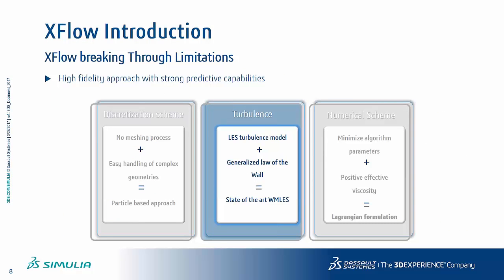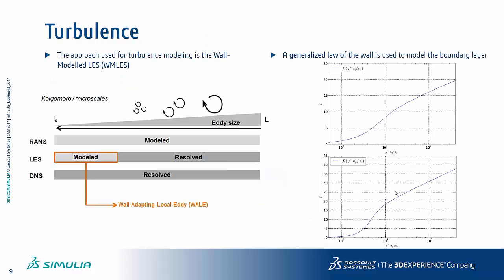On the other side, the turbulence, which is in this case LES with a law of the wall. So that's what I was explaining before, but most codes use RANS because LES is very expensive. You know that turbulence is basically the Kolmogorov cascade, where you've got a large eddy that's separated into smaller eddies and so on, dissipating energy isotropically.